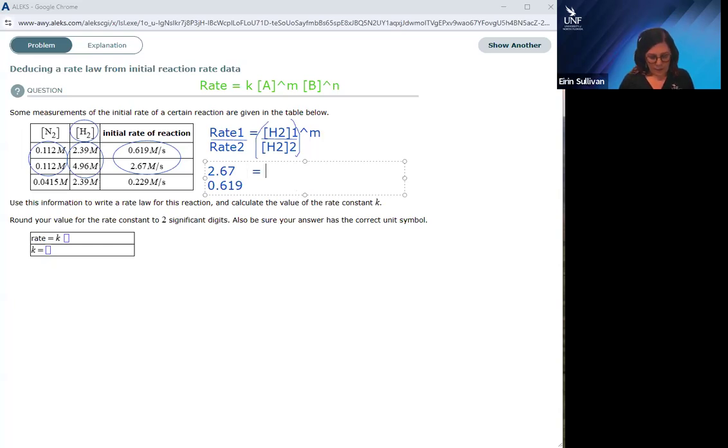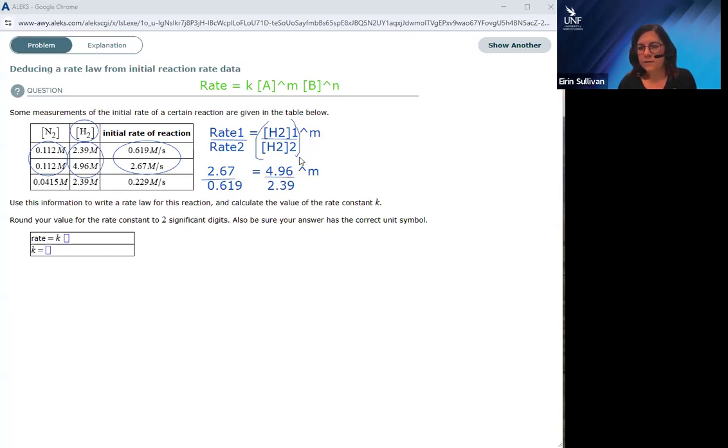And that will be equal to the initial concentration of 4.96 for experiment 2 over 2.39 for experiment 1, and whatever that works out to be is going to be raised to the power of m. So let me just draw some lines so it's clear that we are dividing there.